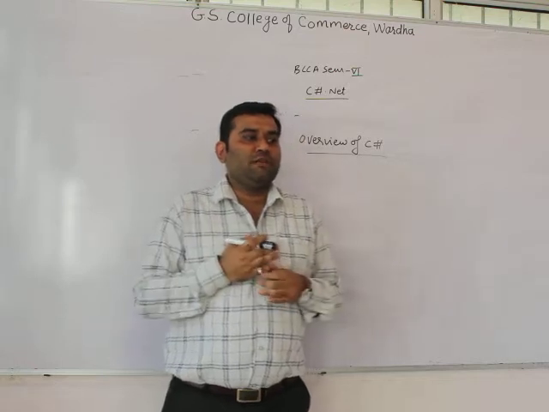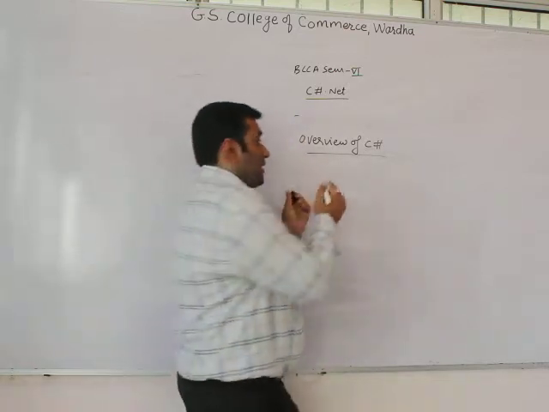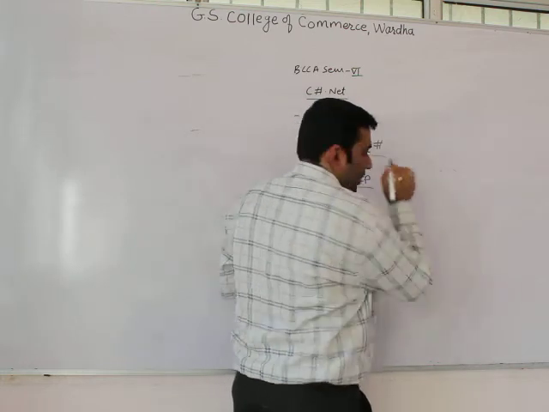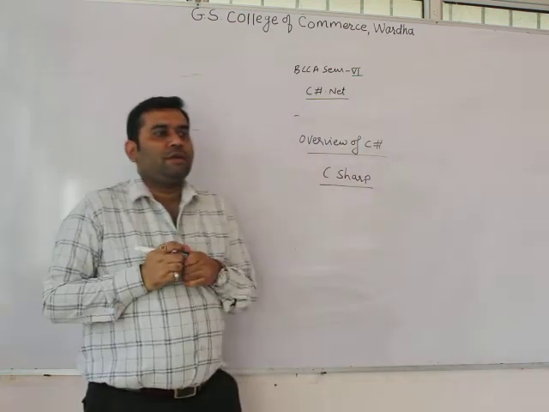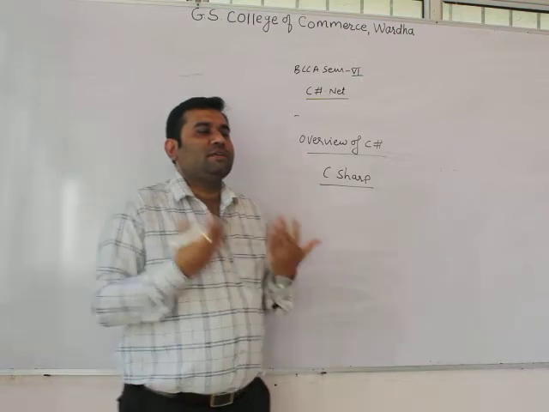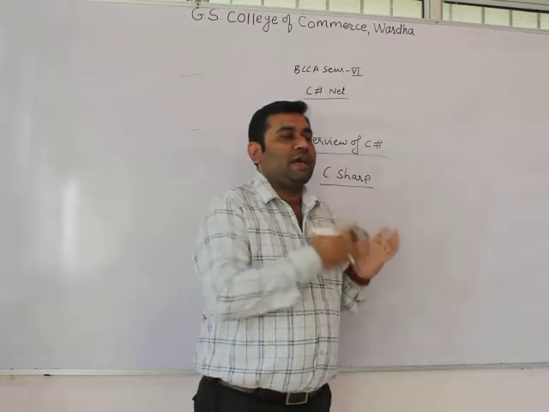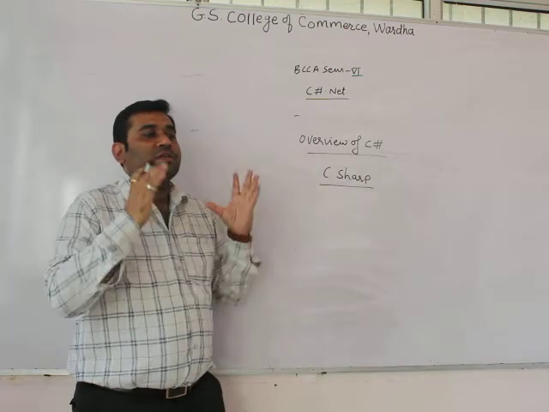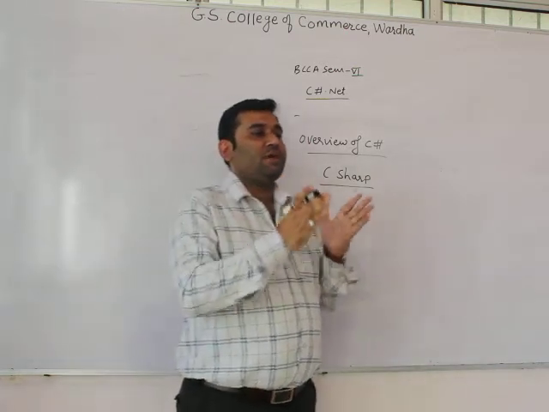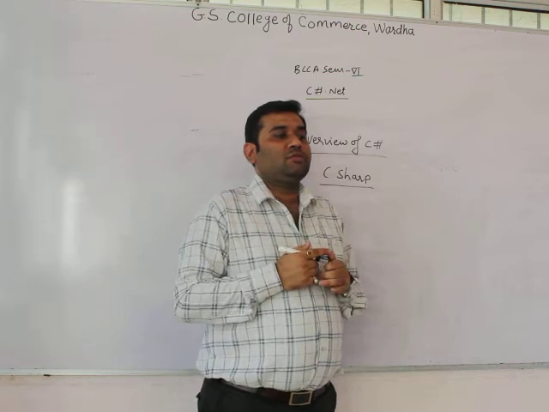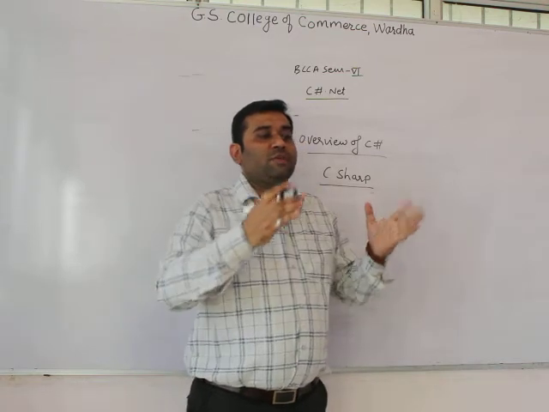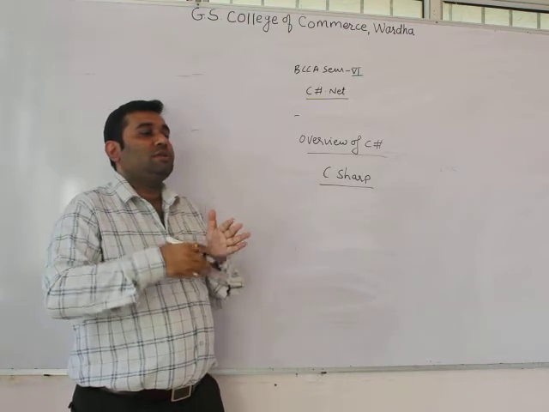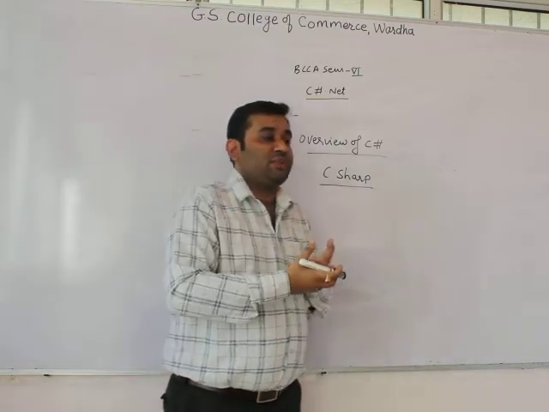Microsoft named their new language C Sharp because they wanted it to be better, smarter and sharper than its ancestors, its previous languages C and C++. C Sharp is designed to bring rapid development to C++ programmers without sacrificing the power and the control that have been the hallmarks of C and C++.